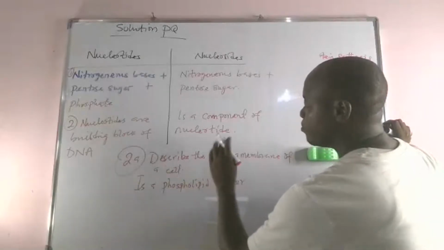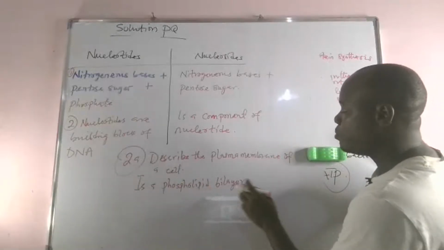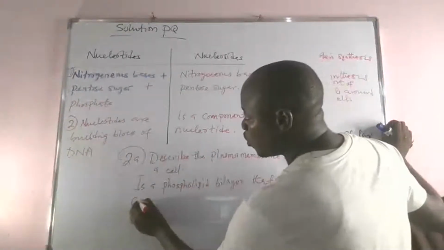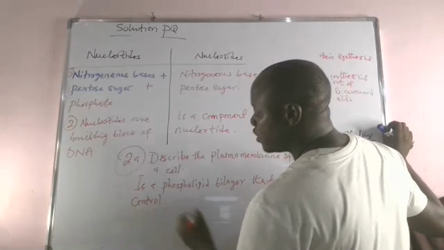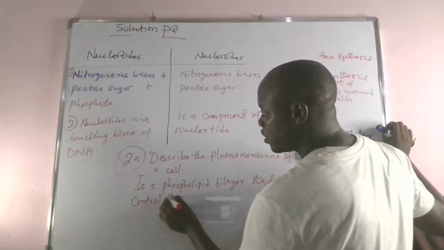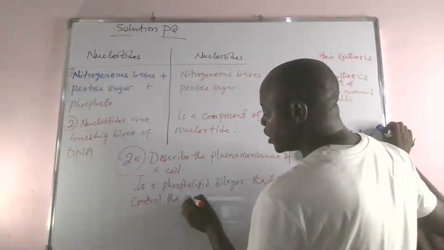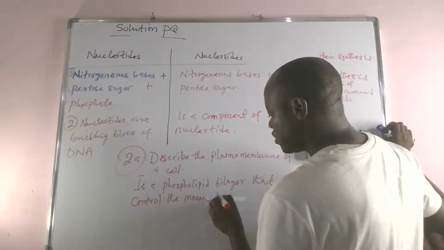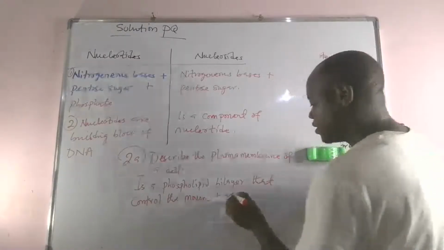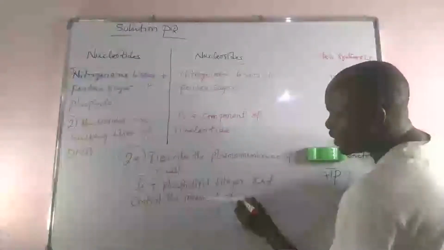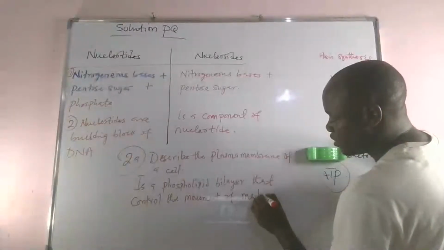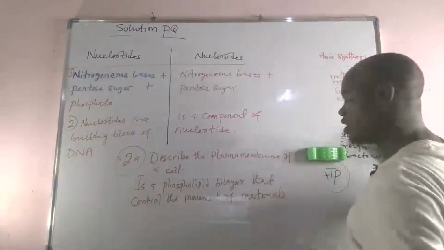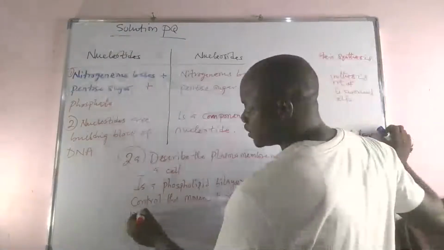So the plasma membrane is a phospholipid bilayer that controls the movement of materials in a cell.